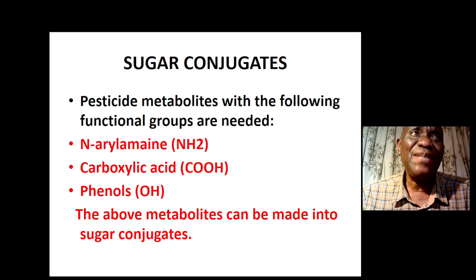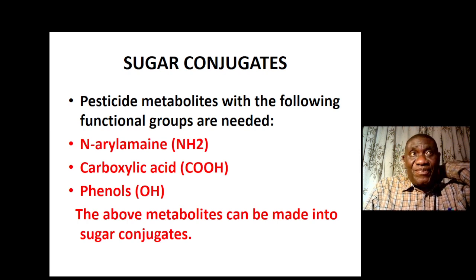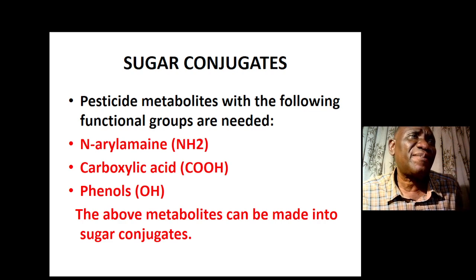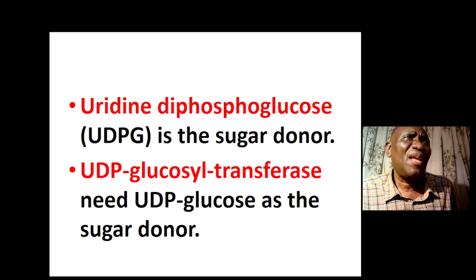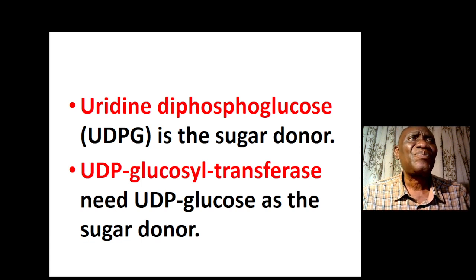If any pesticide has these, it can react with the sugar to form sugar conjugates. So uridine diphosphoglucose, UDPG, is the sugar donor. UDP glucosyl transferase is the enzyme which facilitates this process.